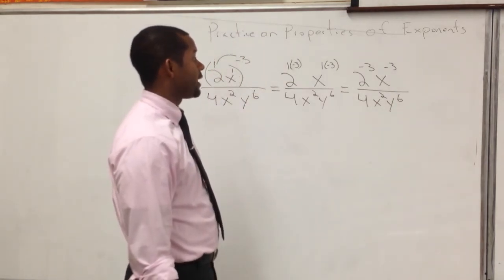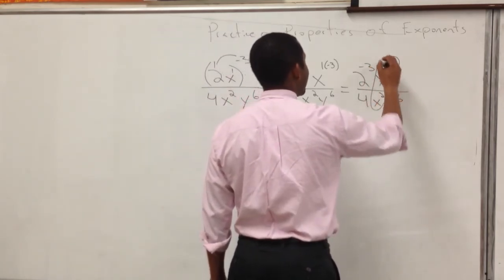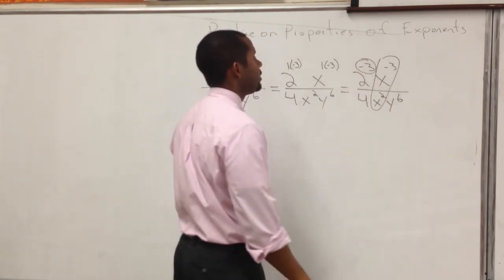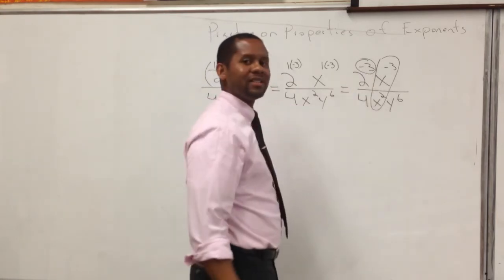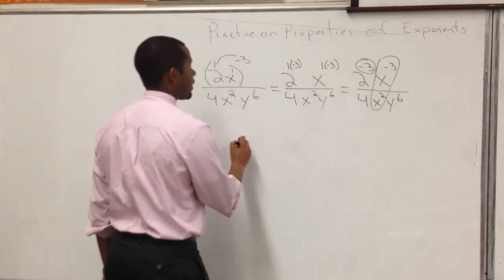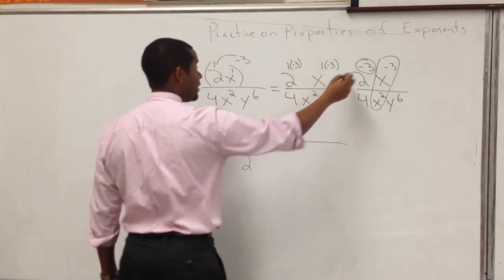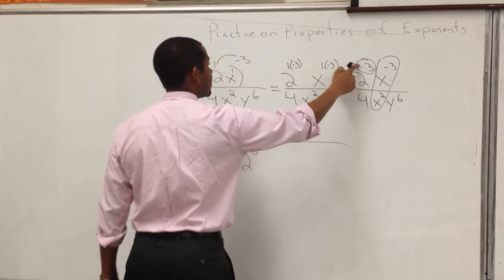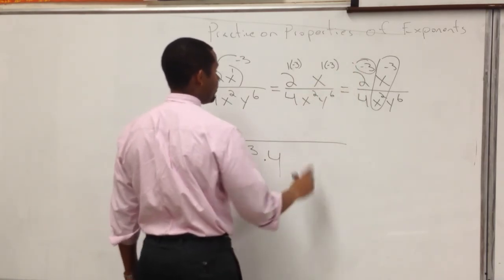Now I'm looking at this answer and I'm seeing I can do something with my x's. And I see that I have this negative 3 exponent. Okay? I don't want to deal with that in that way, okay? So I'm just going to move 2 to the negative 3 to the bottom because it had a negative exponent. We still have a 4 on the bottom.